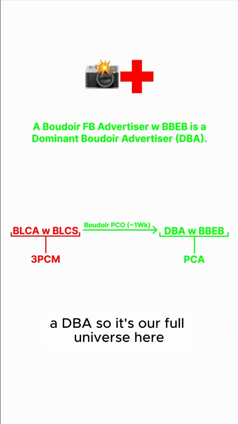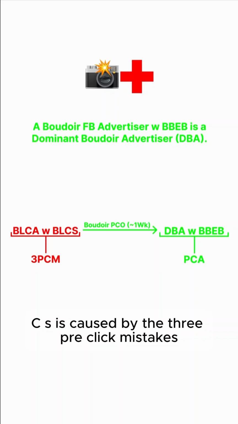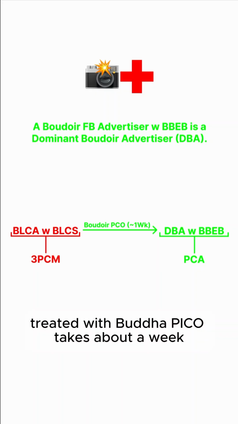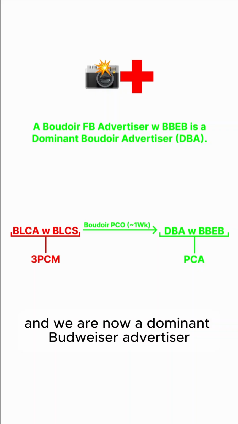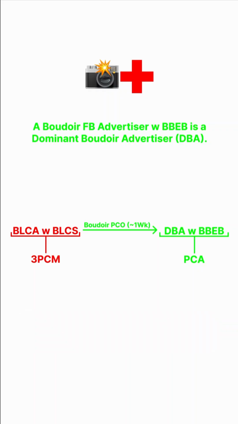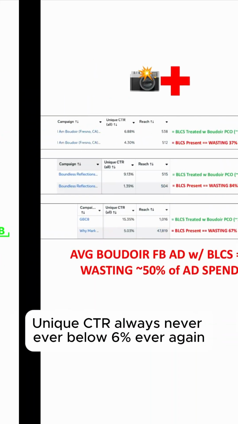So it's our full universe here. A BLCA with BLCS is caused by the three pre-click mistakes. Treated with Boudoir Pico takes about a week. We invented that. We achieved pre-click alignment, and we are now a dominant Boudoir advertiser with Boudoir brain entry boost. Unique CTRs never ever below 6% ever again.